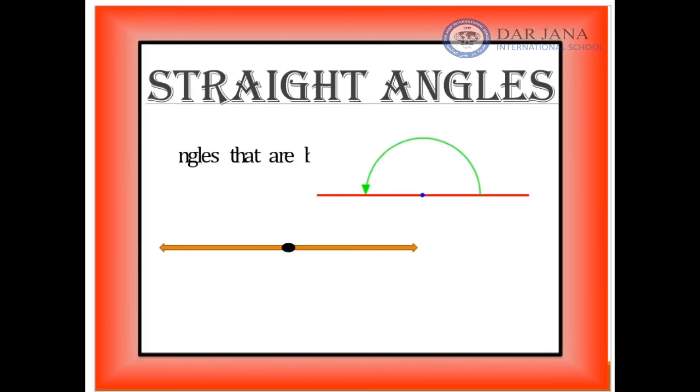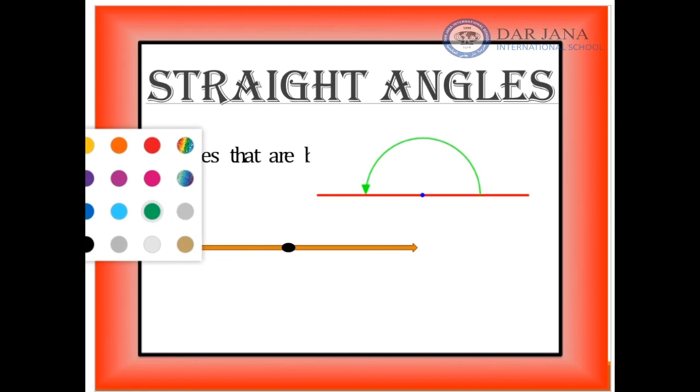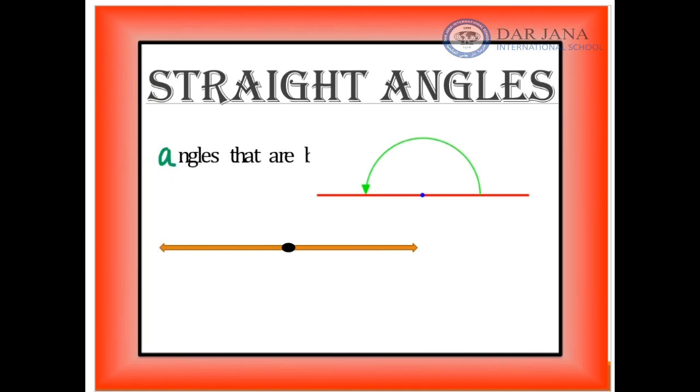Now the simplest and easiest kind of angle is the straight angle. It is an angle that forms a straight line. So it is an angle that forms a what? A straight line.